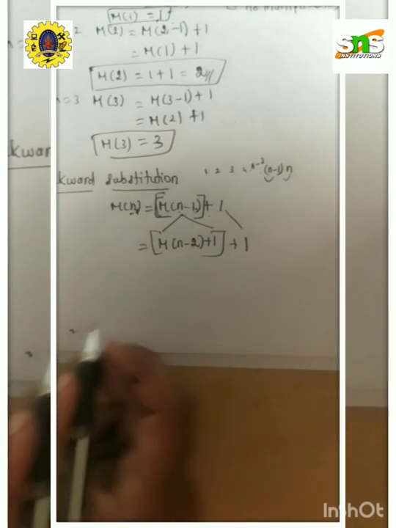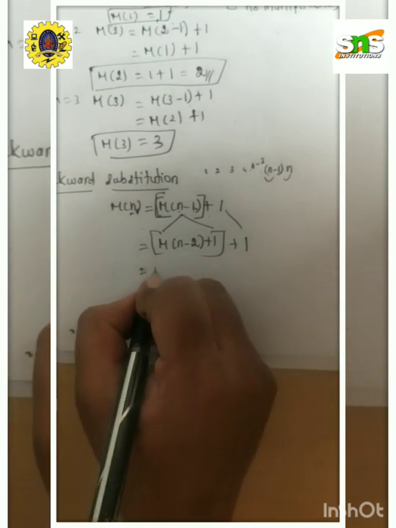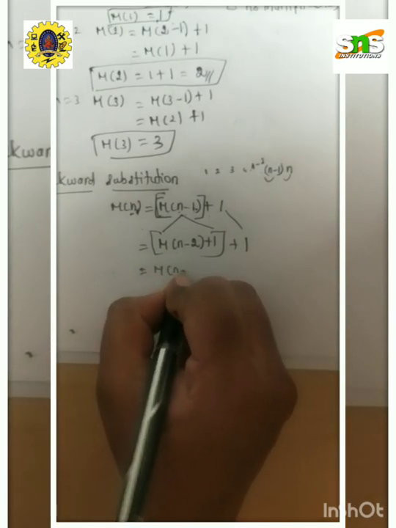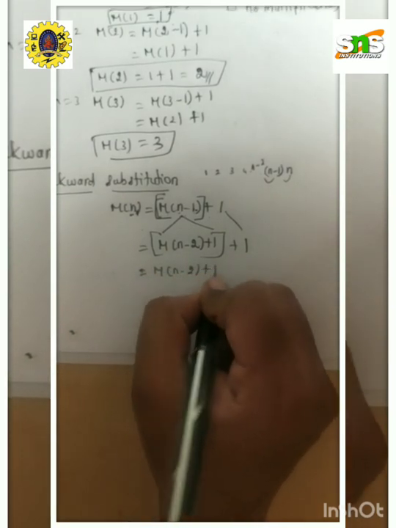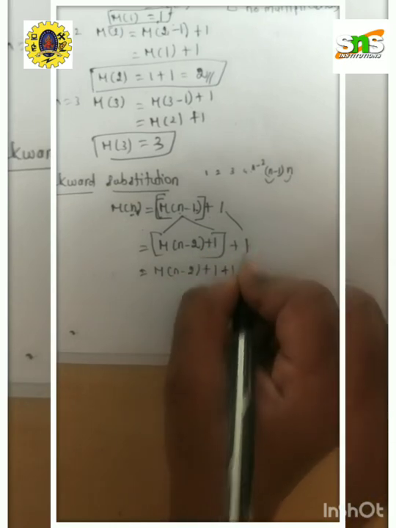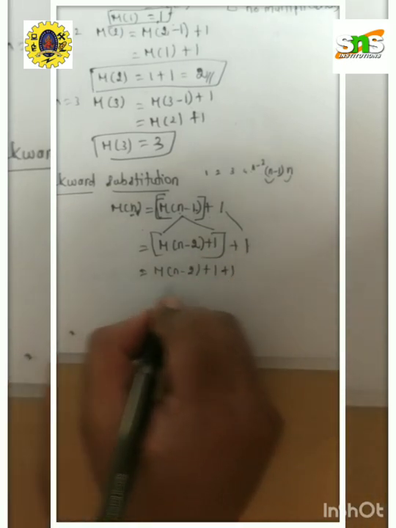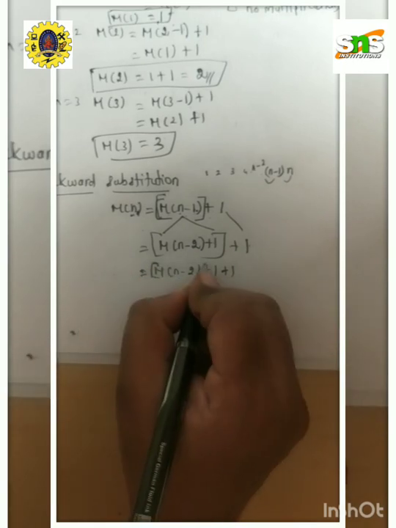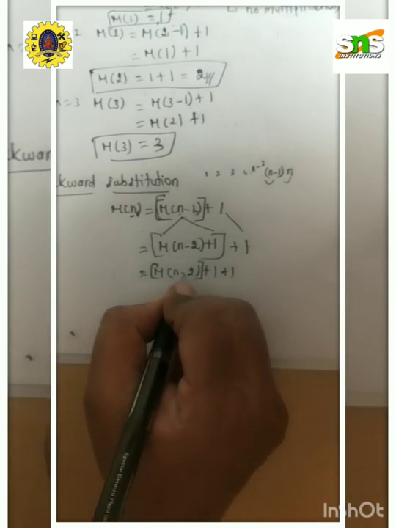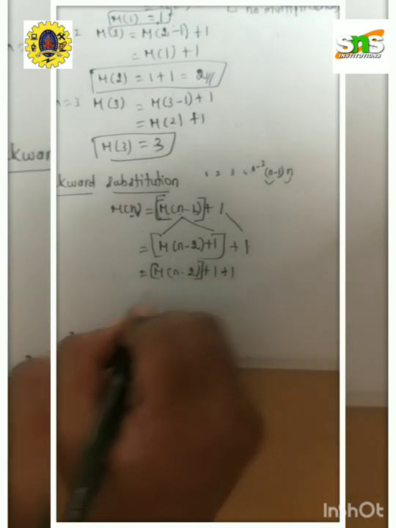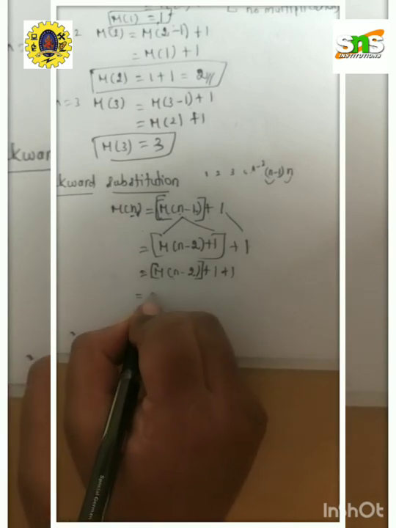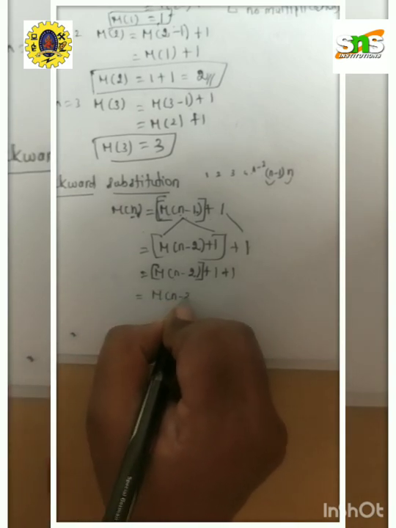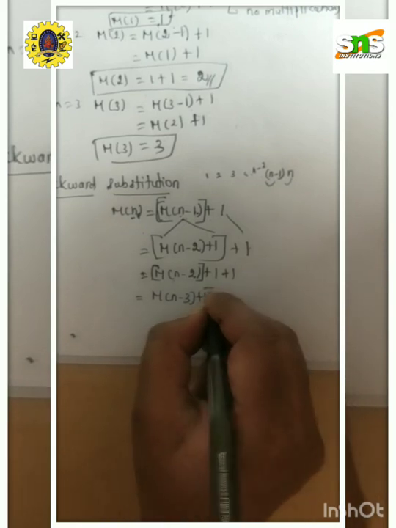Next, I am going to simplify: n minus 2 plus 1, this plus 1 and this plus 1. Now I am going to elaborate this term. What is the previous term for this n minus 2? N minus 3, right? That is m of n minus 3 plus 1.